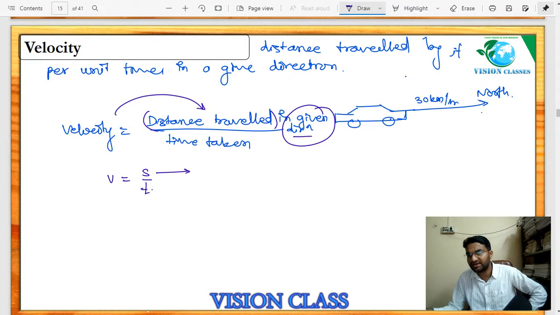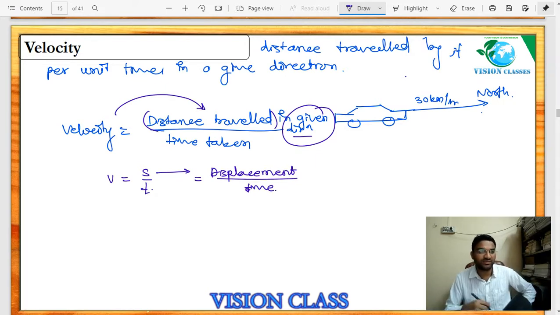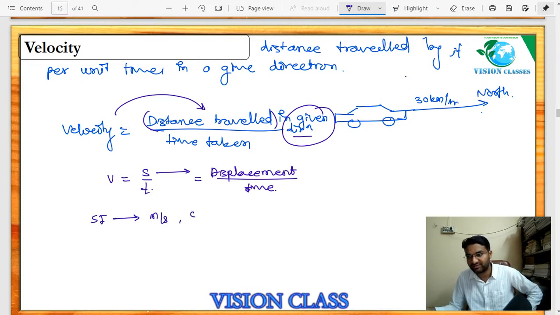So you can say here that velocity is equal to displacement over time. That is, v is equal to s over t, and the SI unit is again meter per second, centimeter per second, centimeter per minute is also a unit, then kilometer per hour.